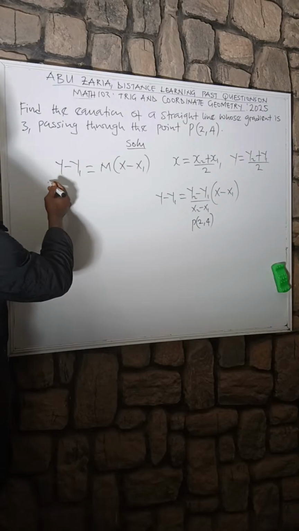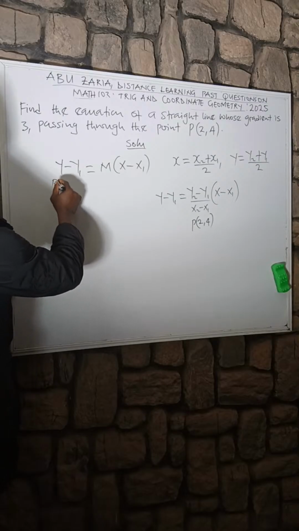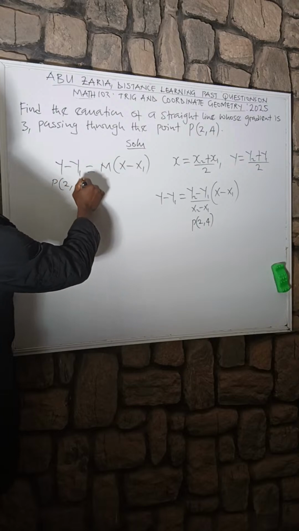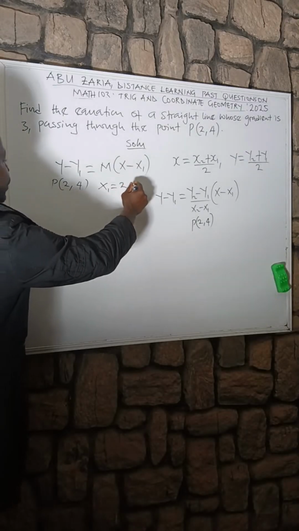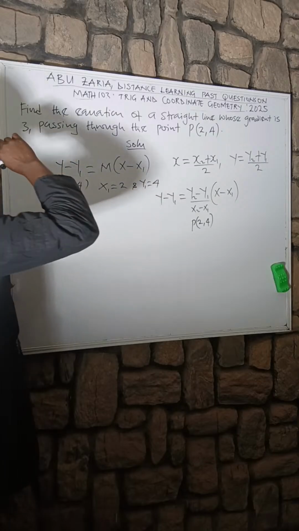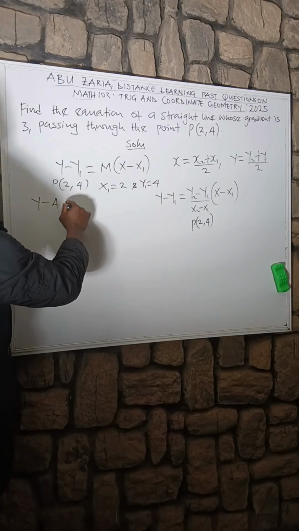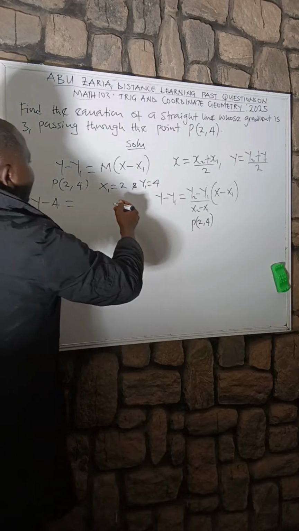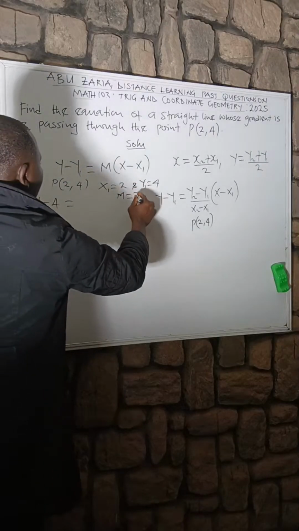So here we are going to write. We know that the point is 2, comma, 4. It means our x1 is equals to 2 and y1 is equals to 4. So our y minus 4 equals to, then our gradient, our m, is given as 3.